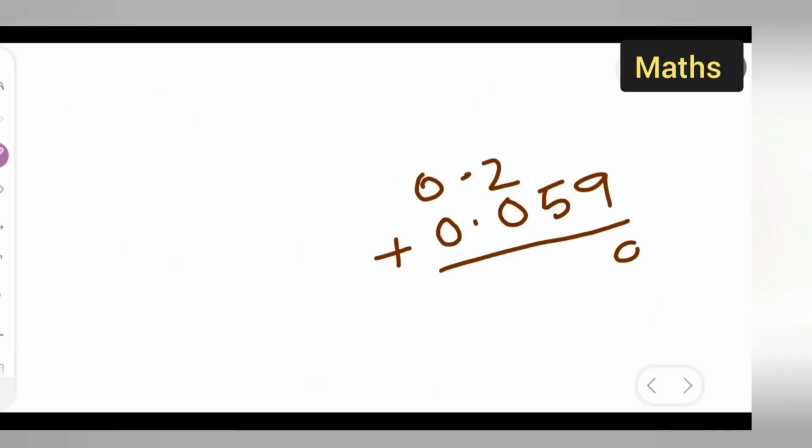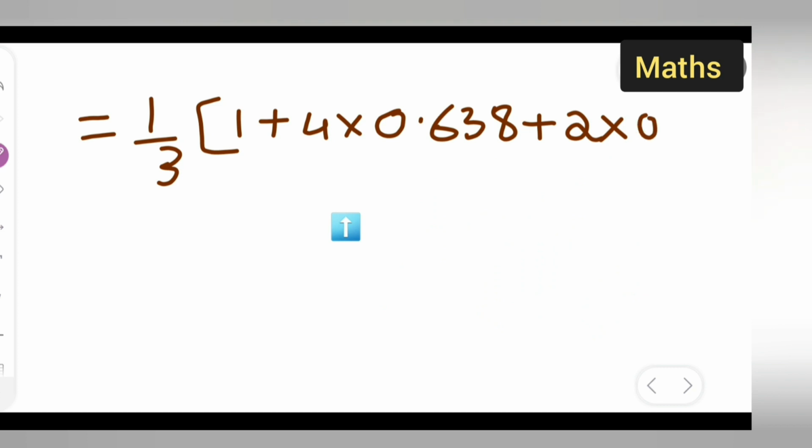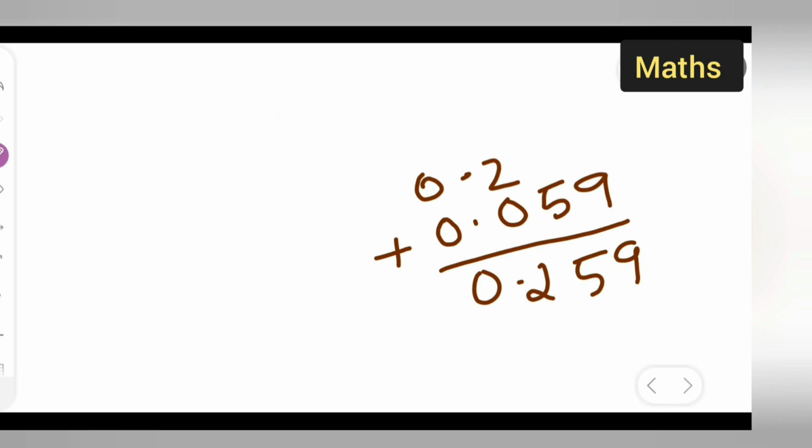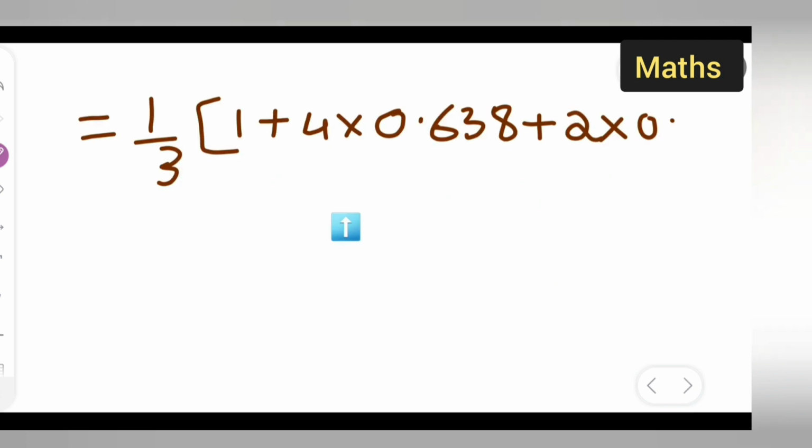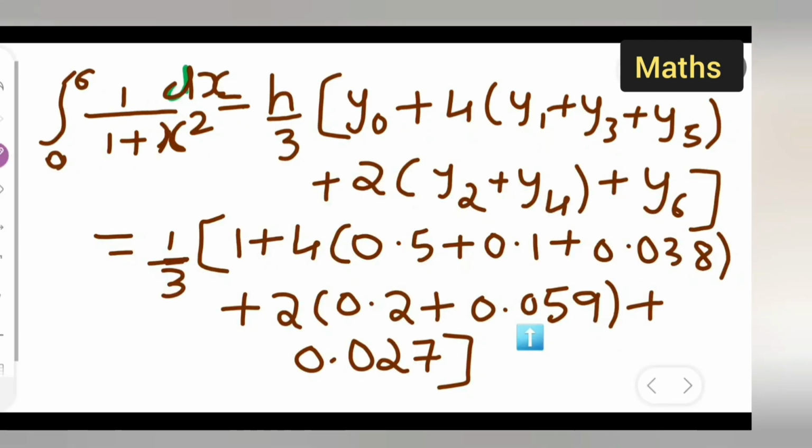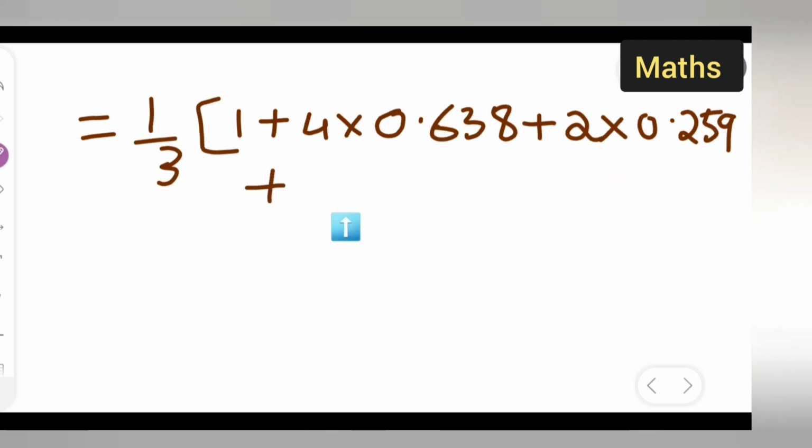So you are getting 0.259, right? After that, which number is there? Plus 0.027. So you'll have to plug plus 0.027. Close the bracket. Now write down 1 upon 3.